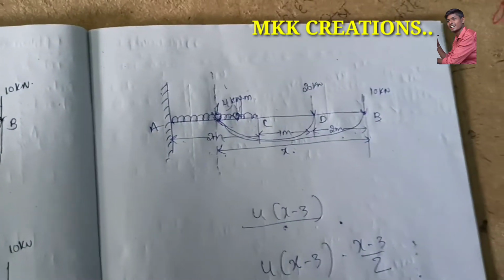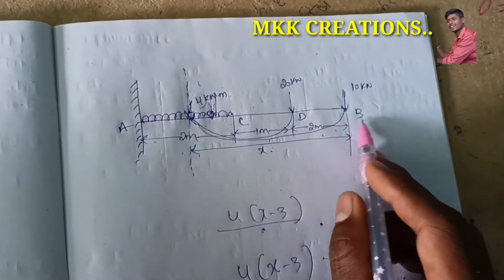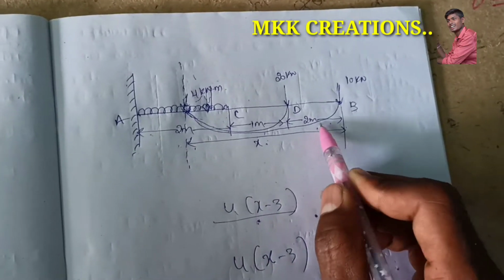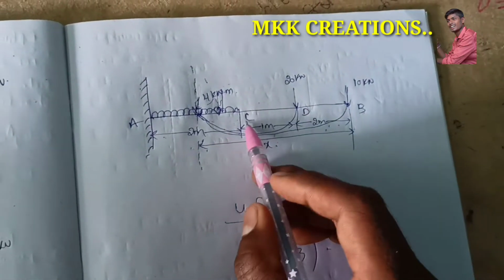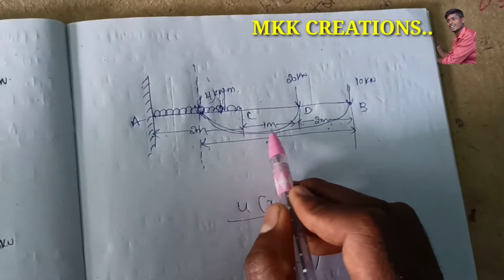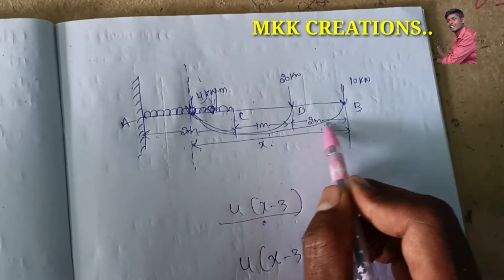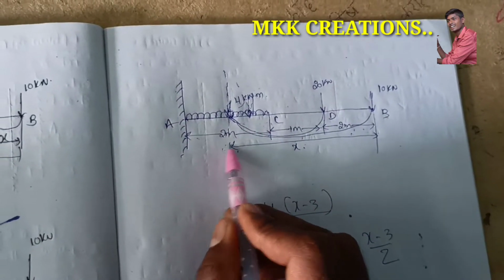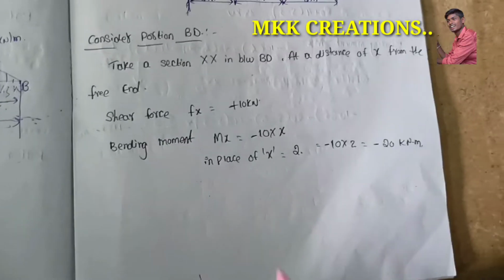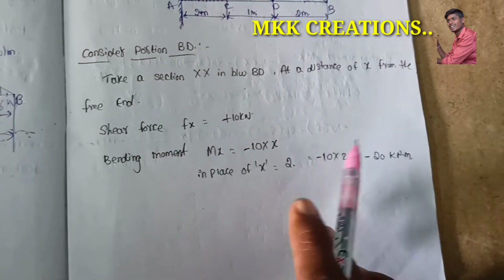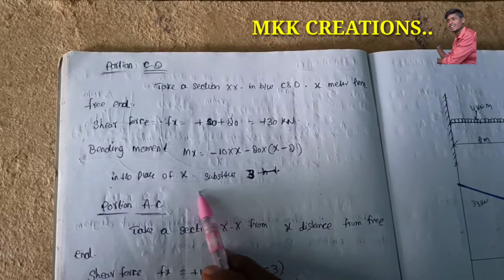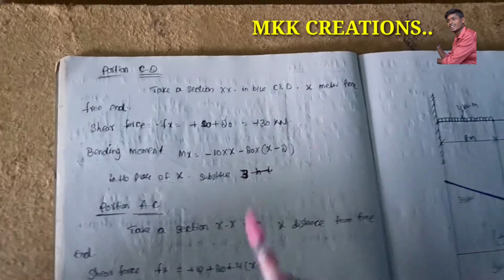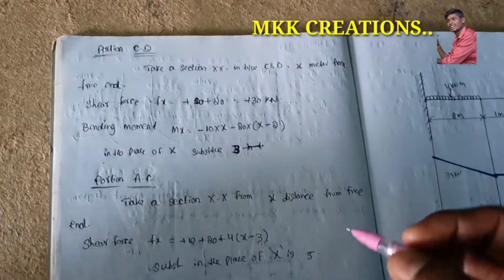For the BD portion, in the place of x we want to place 2. In the CD portion, in the place of x we want to consider 3. At the portion of AC, in the place of x we want to substitute 5. After calculation we get some values.